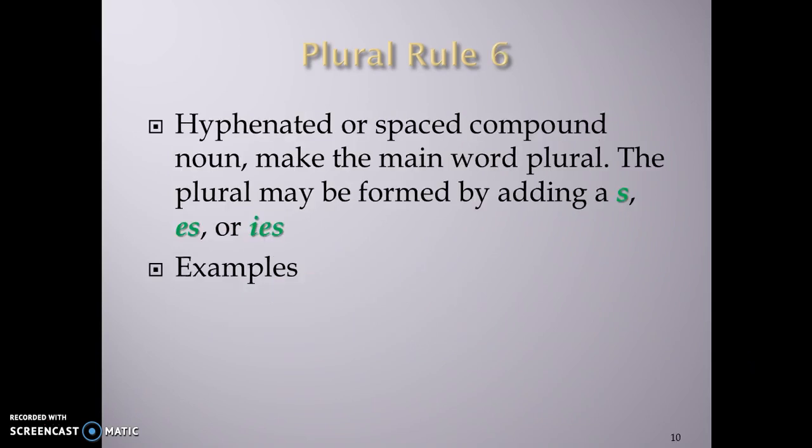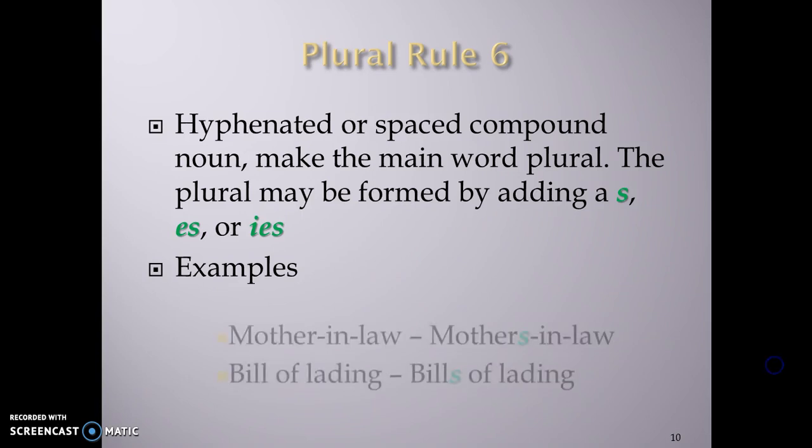Rule number 6. Now we're going to get into the hyphenated and space compound nouns. When you have a hyphenated or a compound noun, you want to make the main word plural. Plural may be formed by adding sometimes S or ES or IES. It just depends on the word. Examples I'm giving you are the following.